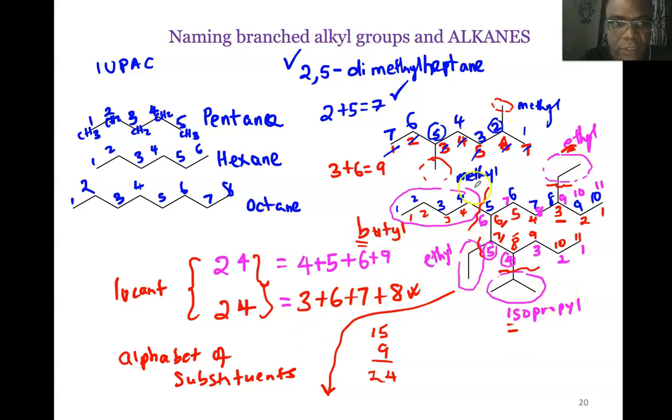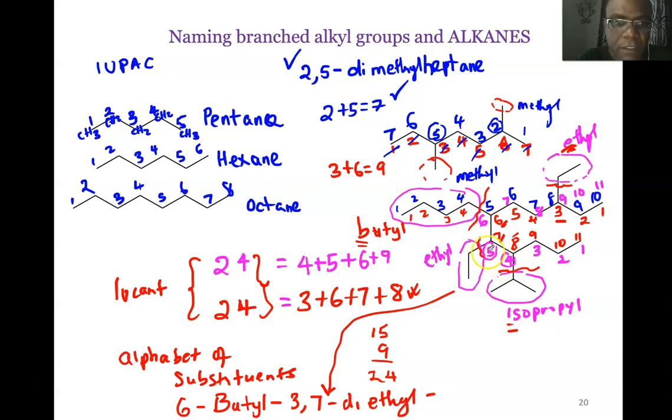So we'll see that the B is on the carbon 6. So the name will be 6-butyl, and then a hyphen. So next we go to the E's. There are 2 of them on carbon 3 and 7. So it will be 3,7, and then you say di because there are 2 of them, diethyl.